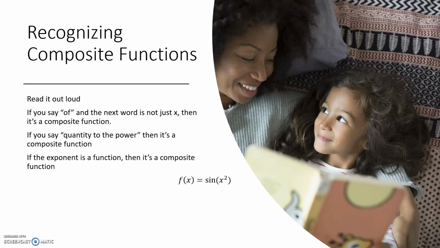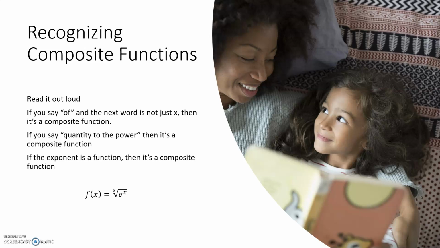To read this out loud to you, I would say f of x equals sine of x squared. And when I said "of," the next word was x squared, not just a plain old x. So that's a composite function. f of x equals the cube root of e to the x.